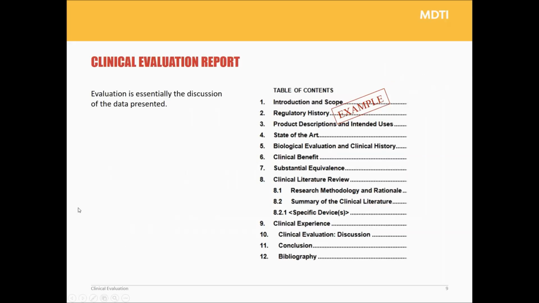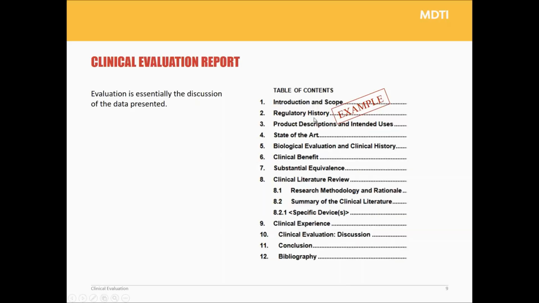So we come on to the evaluation and the report. And as I said earlier, evaluation is essentially the discussion of all the data that you've presented. And we've been through some of that already on this webinar. I've put up here an example table of contents.